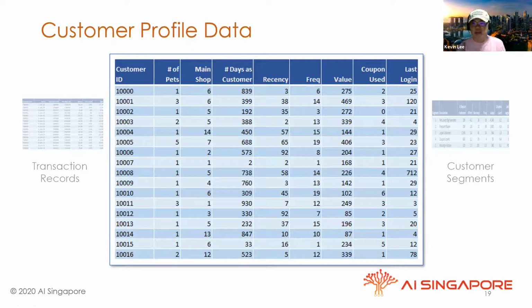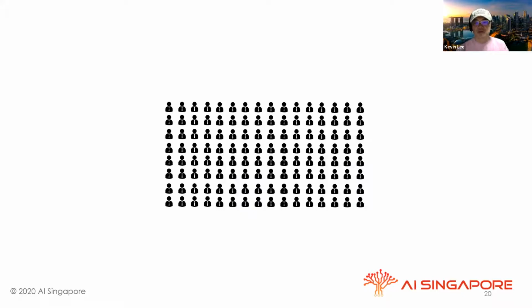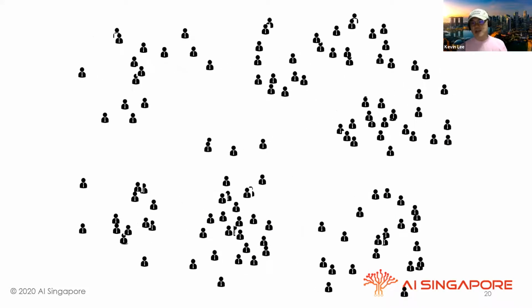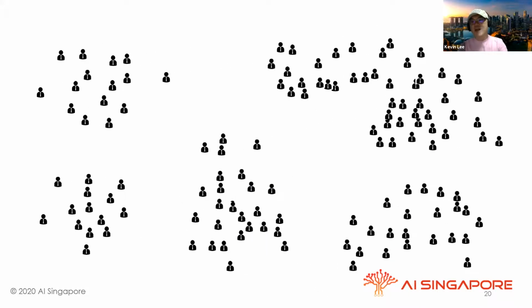And the beauty is that with AI we will be able to crunch through all these numbers and find similarities among the customers automatically for you, which is very difficult for a human to do, because once you start to look at more than 10 columns of data, it's very difficult to handle. So once you have that kind of data, put it into the machine learning model, it will try to separate out your customers into, let's say, 5 clusters.